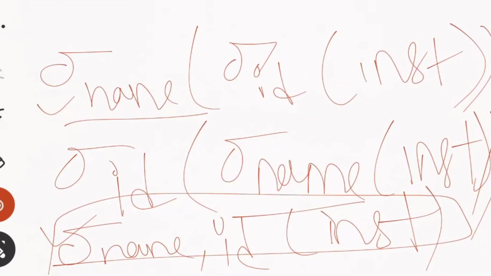Then number 8 is that set difference is not commutative. Yes, this is very important. Set difference is not commutative. Why? That also I'll show you here. See, suppose if I am writing the instructor minus teaches, right, and if I am doing teaches minus instructor, the output will be different.